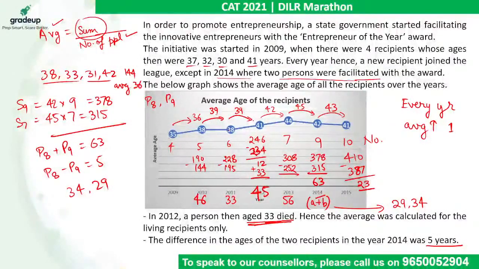Average 38 था, average 39 बन गया. So what was the increase in age? The increase in age was 12 years. But one person of 33 died. So that 33 must be removed, right? So that is why that extra age will be 45. क्योंकि देखो 45 वाले को मिला, 33 वाला की डेथ हो गई, right? So increase of 12, right? So that is why that is 45. Okay.